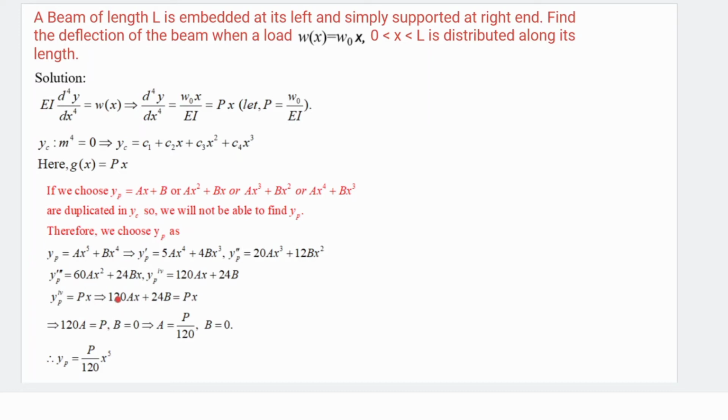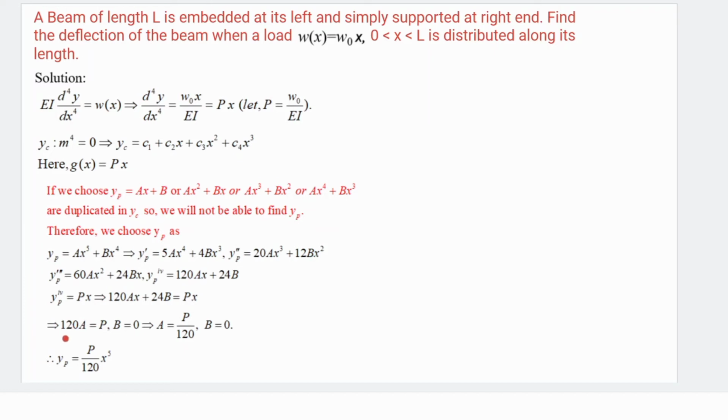Now we have to find out what A is and what B is. When we equate the like terms from both sides of this equation, we can see in the right hand side the coefficient of x is P, but in the left hand side the coefficient of x is 120A.